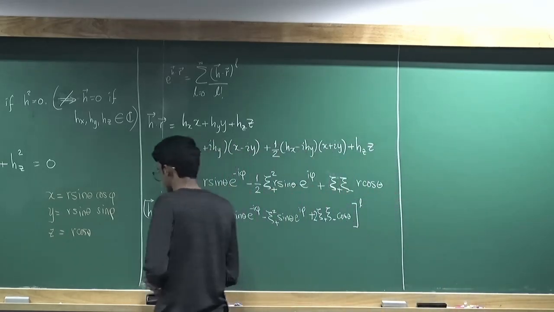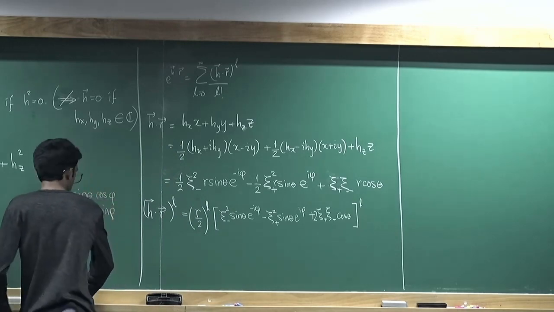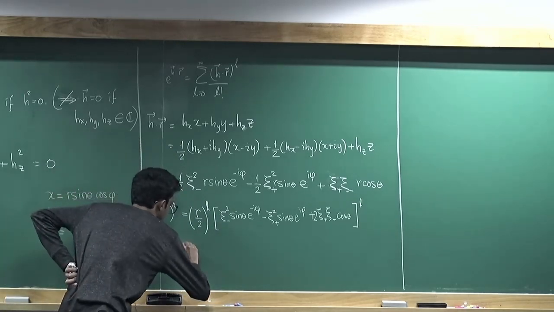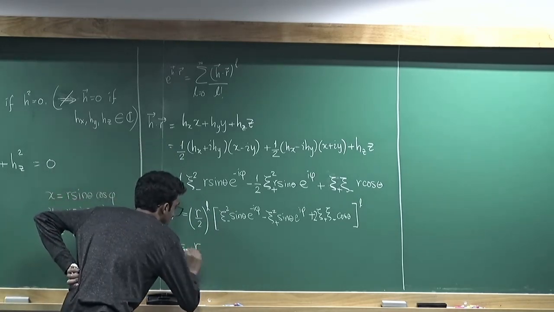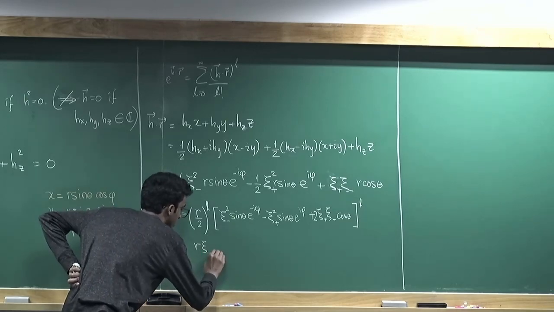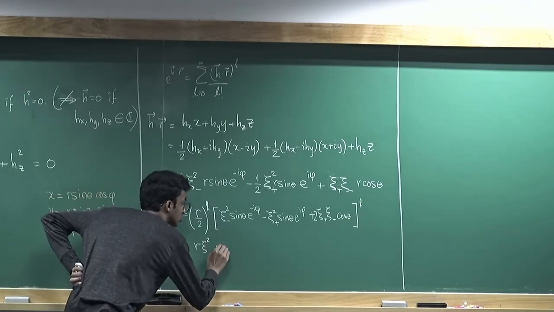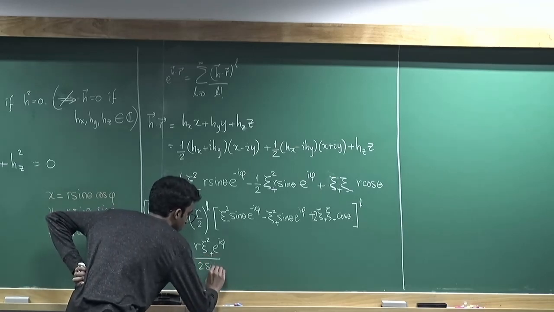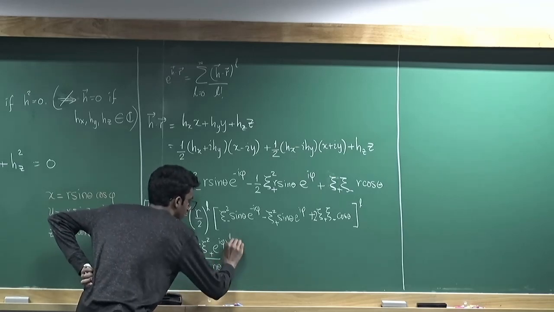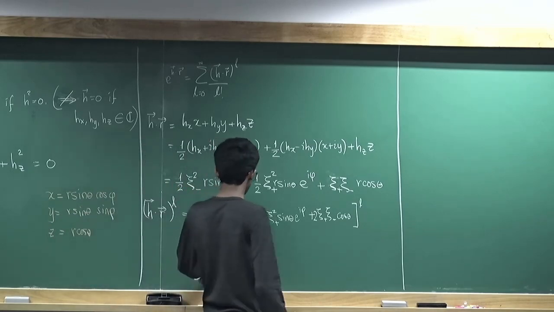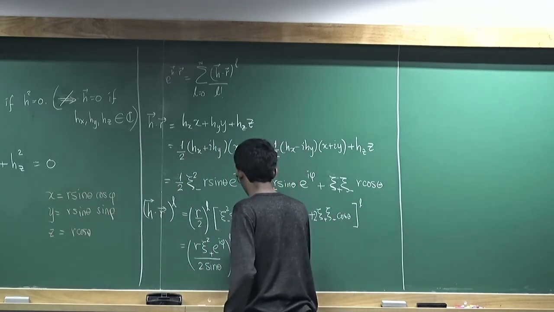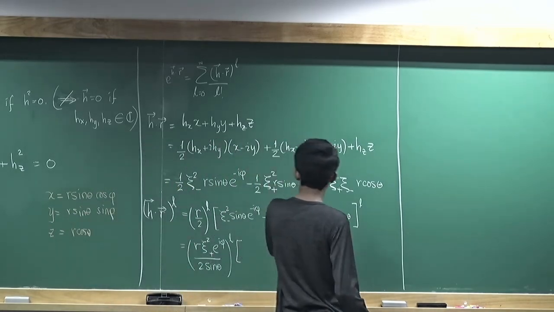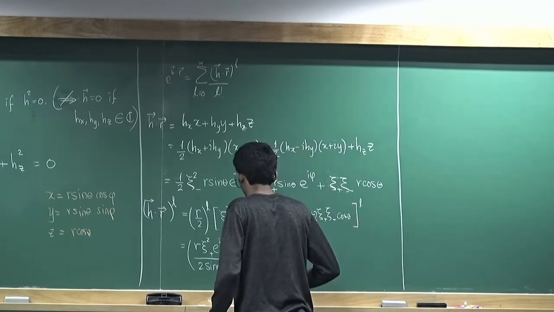So in order to do that, let me take, you'll see why I'm doing this, xi plus squared e to the I phi over 2 sine theta. You might think why I took the sine theta in the denominator. You'll see in a moment why, because you'll get a sine squared theta here and you can use a trigonometric identity.